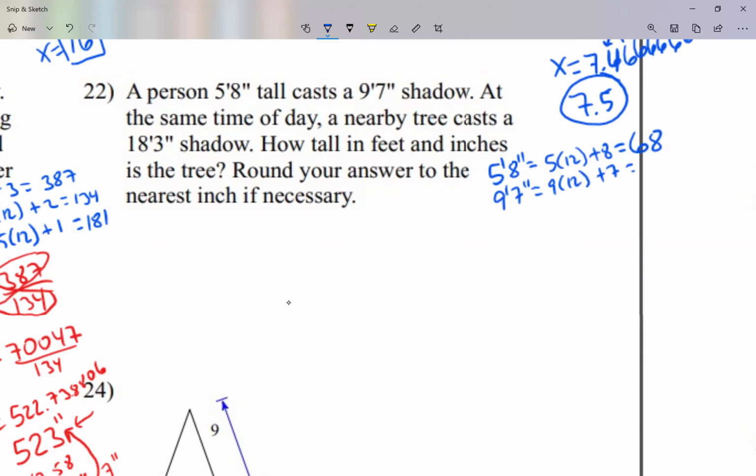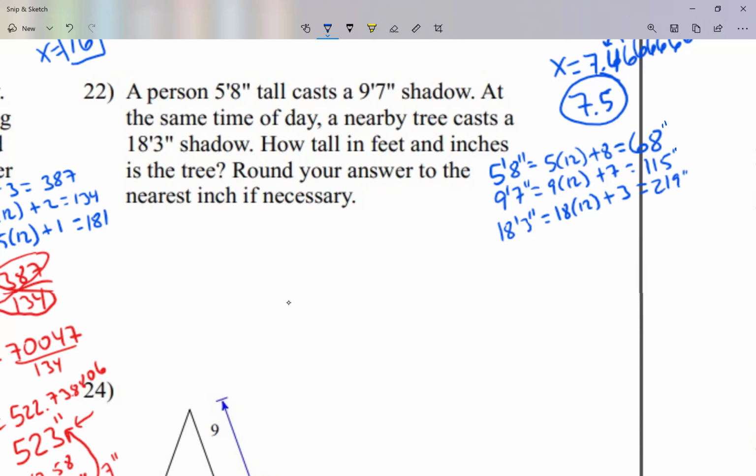I know 9 times 12 is 108 plus 7 is 115. And then at the same time, there's a tree that's 18 feet, 3 inches. So I'm going to go 18 times 12 plus 3, which is 219 inches.